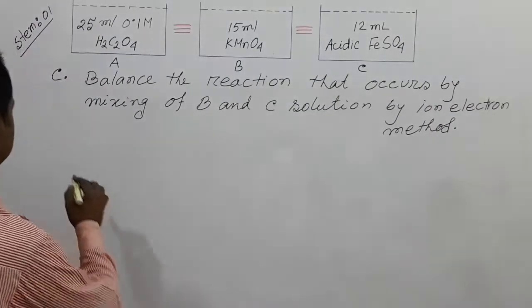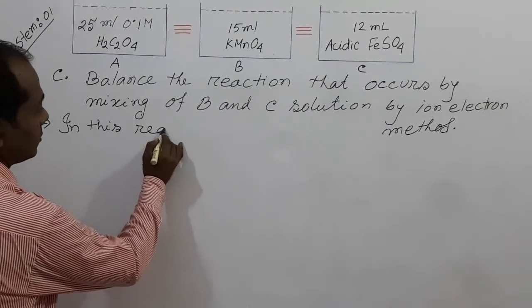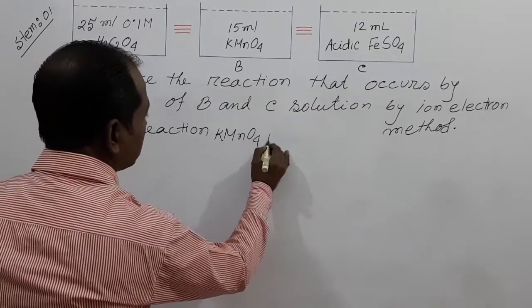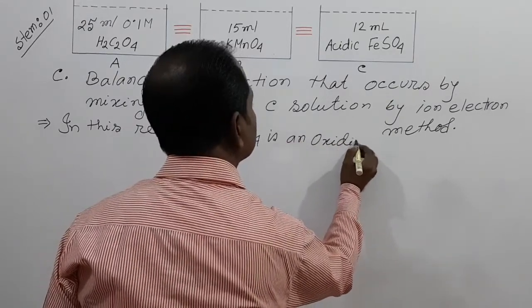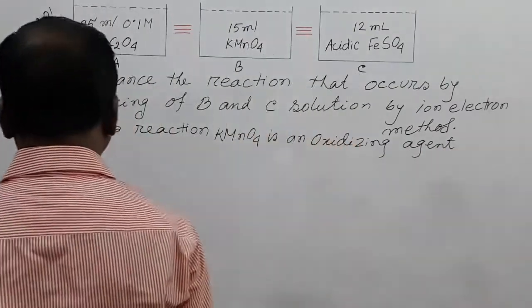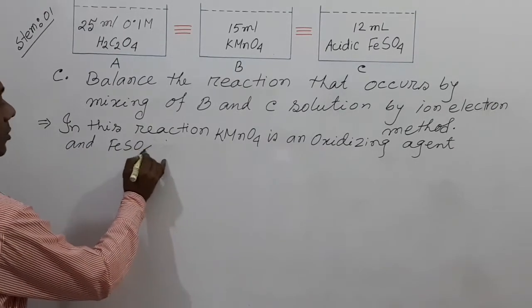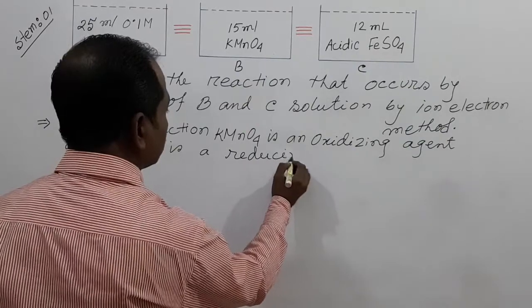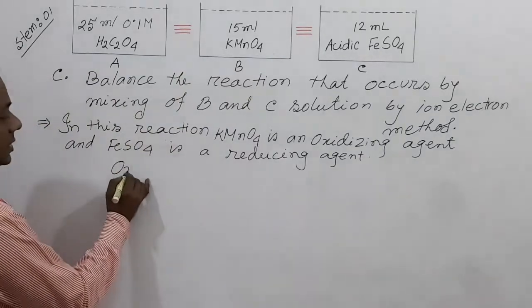So we write here: in this reaction KMnO4 is an oxidizing agent and FeSO4 is a reducing agent.